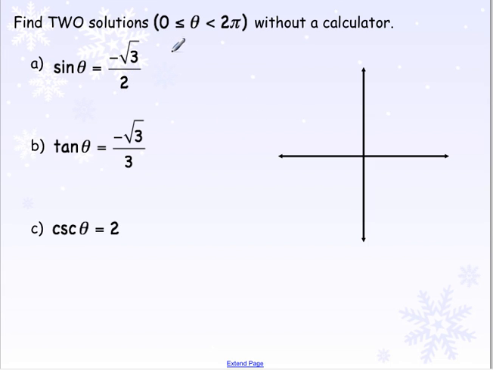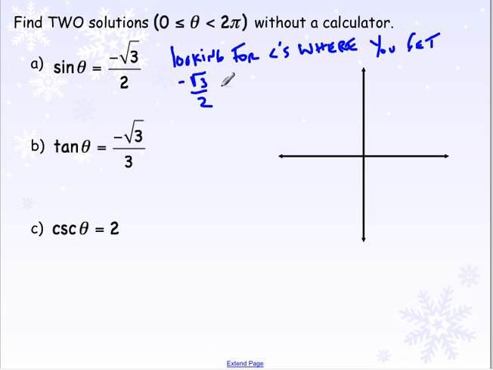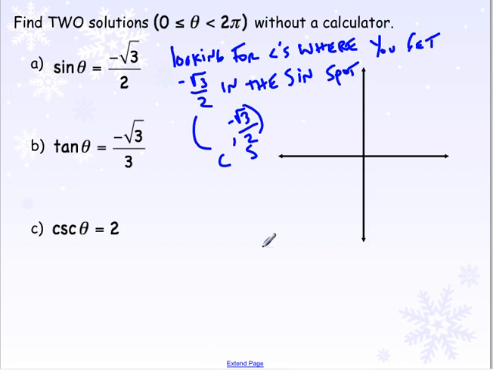So in other words, we're looking for angles where you get negative radical 3 over 2 in the sine spot. So when you're looking on your unit circle, the sine spot is the second one. So we're looking for the angles where you get a negative radical 3 over 2 in the sine spot.